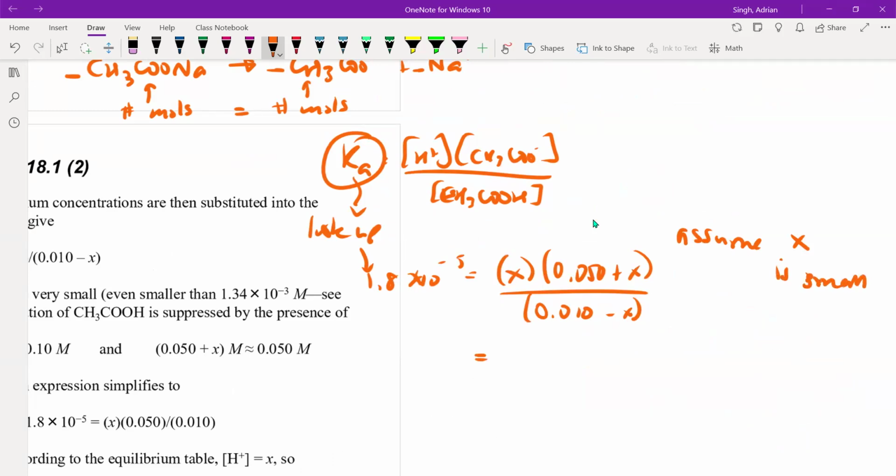So then we end up with X times 0.050 divided by 0.10 equal to 1.8 times 10 to the negative 5.